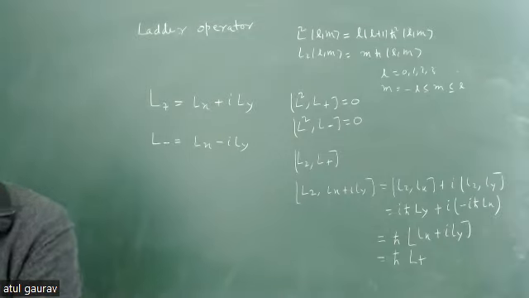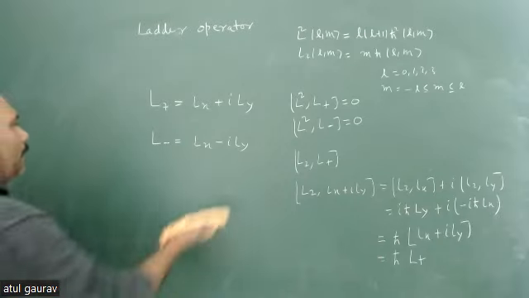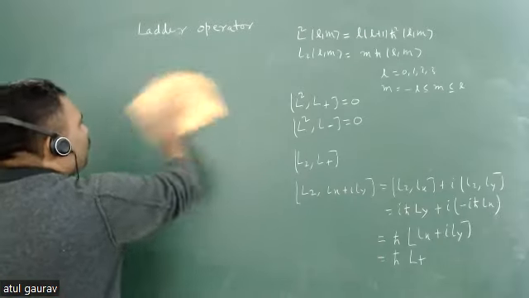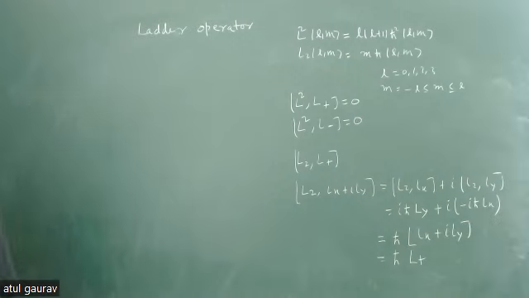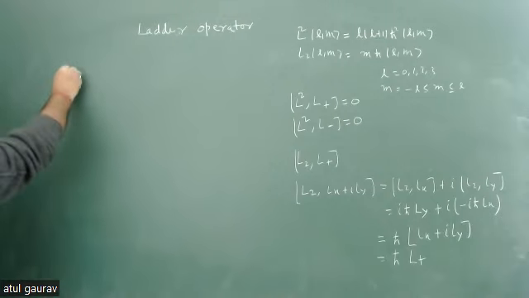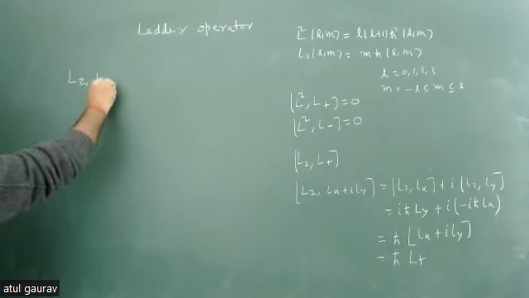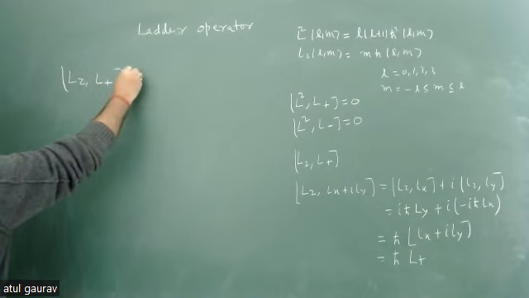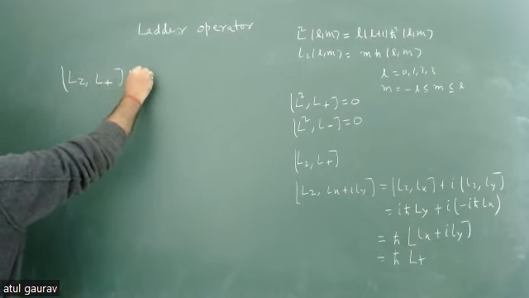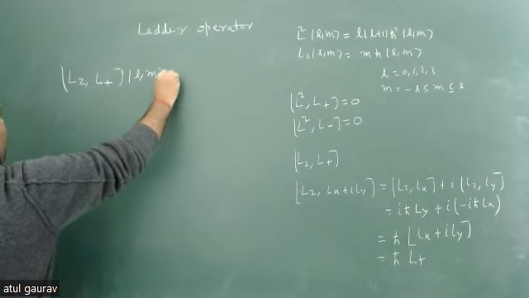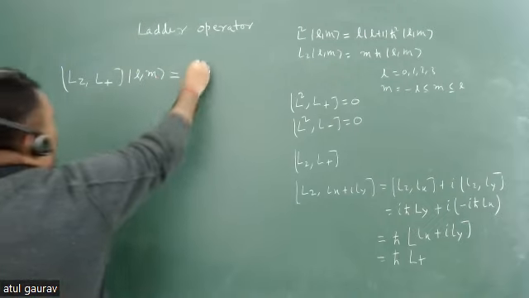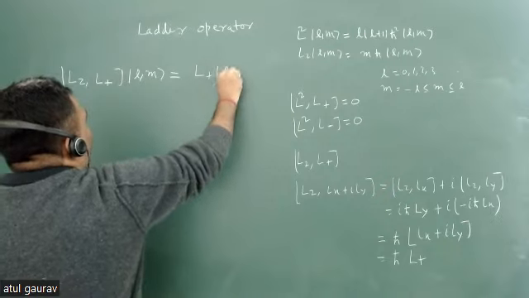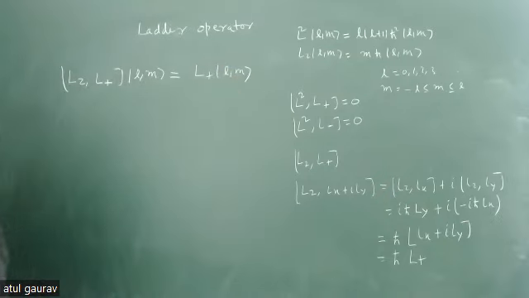Yes, okay. Now let's go for the same type of calculation which we did for the harmonic oscillator. You remember, [Lz, L+] operating on |l m⟩ is equivalent to ħ L+ |l m⟩, yes or no?